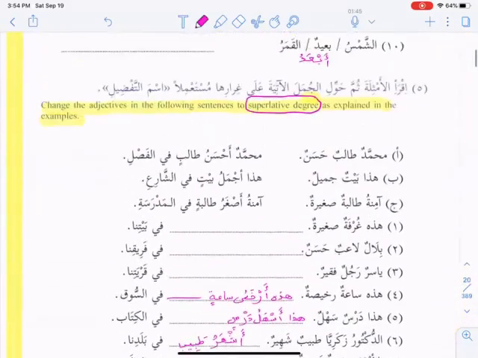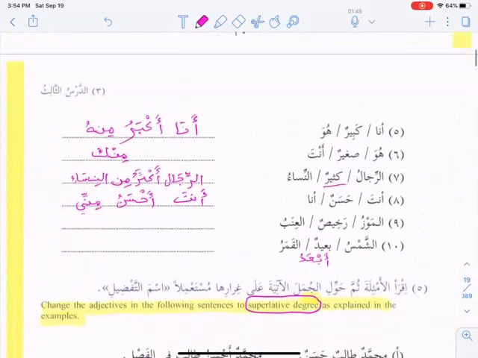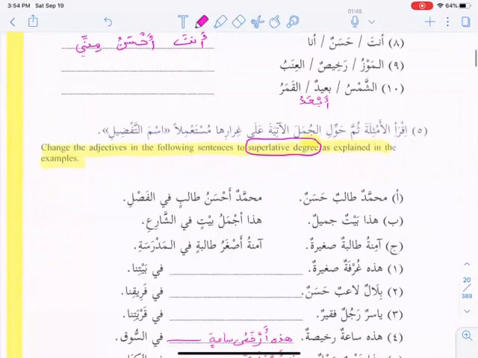So where are we now? Here. We are here. Al-Mawzu, we got it. Shamsu, we got it. Here, this is now only superlative degree. That was only comparative degree. See how clever and beautifully Dr. Abdurrahim composes. He doesn't mix up. In other books, you will find everything mixed up.